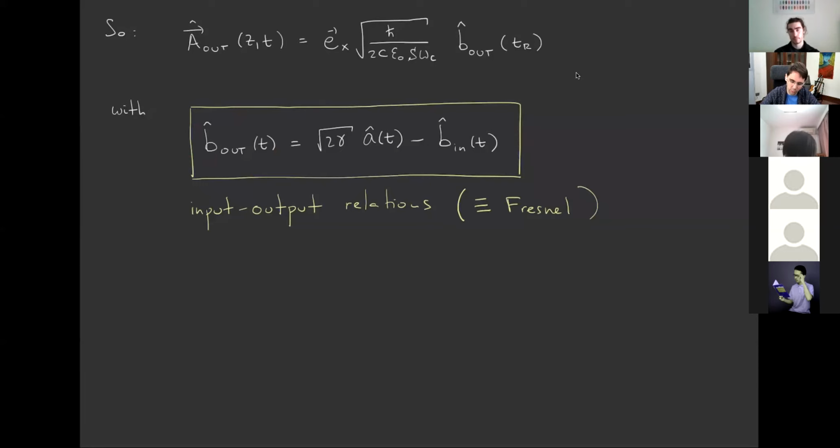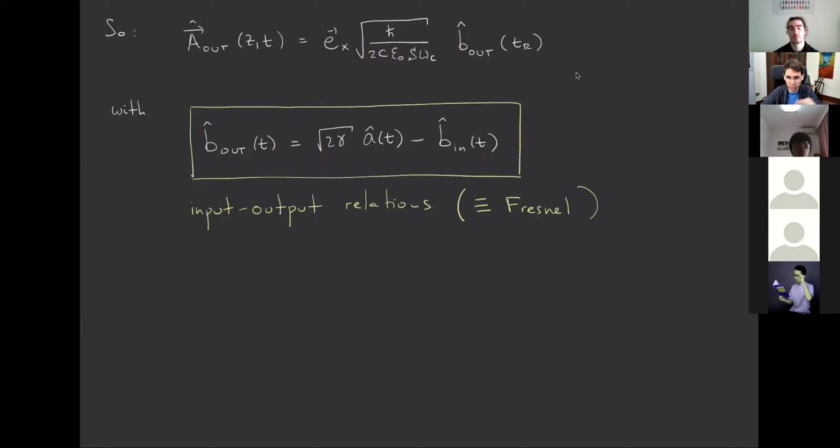Another thing that maybe it's worth remarking is, why do I call b out this combination and not that combination with the factor 1 over square root of 2, or the c or the epsilon 0? Why do I define that operator?